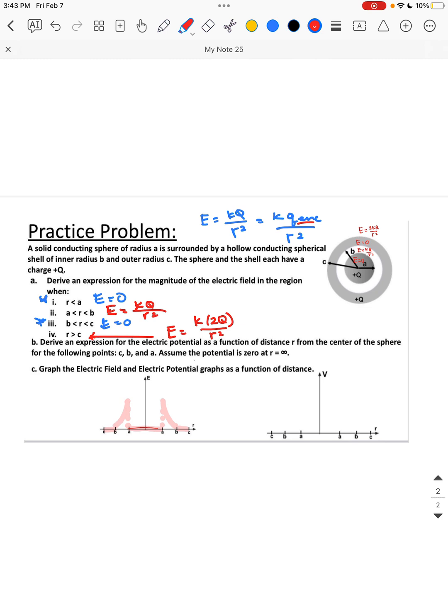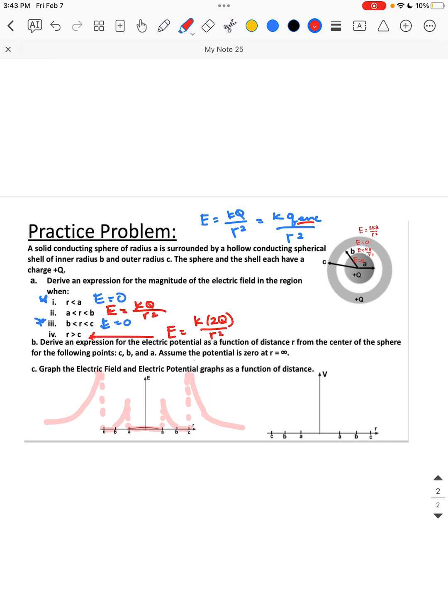And then it's 2kq, which is going to be a larger electric field. And this should actually never cross my horizontal axis. It should approach. That's a key thing that I want to make sure you don't do on the exam. It'll approach but never cross. So that's my electric field.